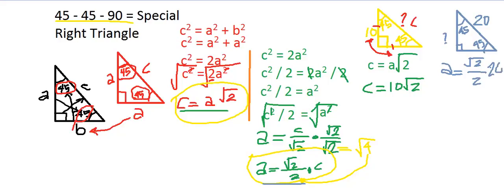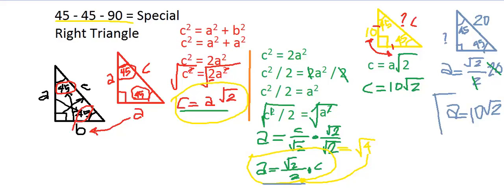So 20 divided by 2, that is equal to 10. a is equal to 10 times the square root of 2.